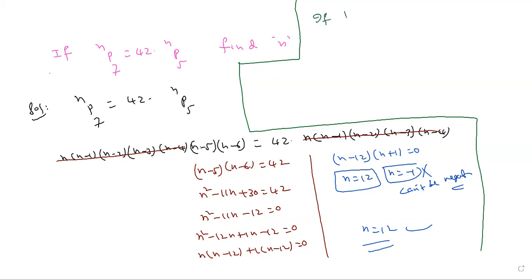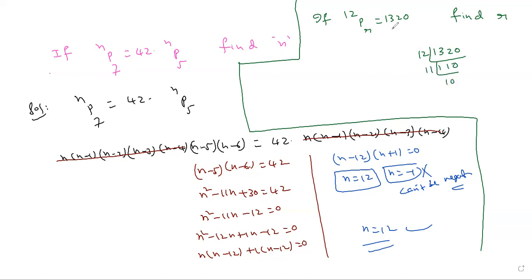If 12Pr is equal to 1320, find r. Same as the first question. nPr, n is given as 12. So you should write 1320 with 12. How to write? You already know this procedure: 12 into 11 into 10.